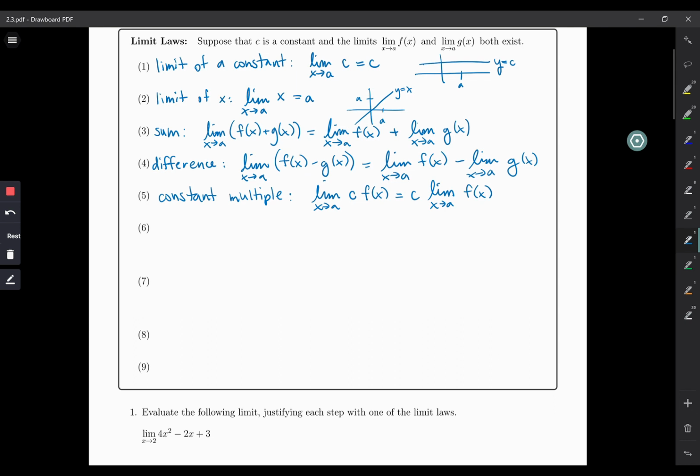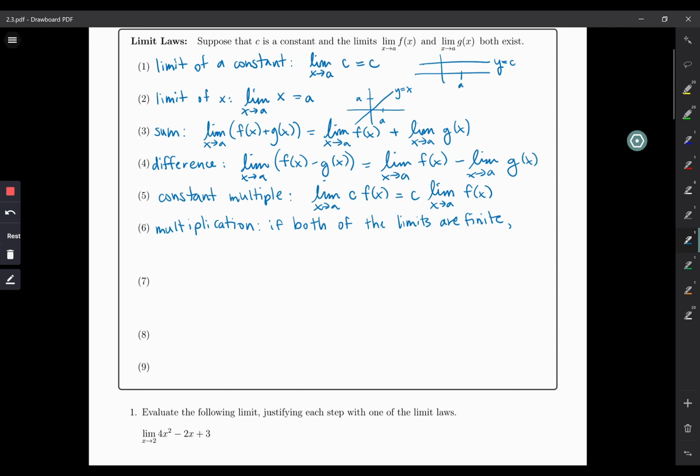Okay, if you have multiplication, if you have two functions being multiplied together, here we do need to make sure that this is true if both of the limits are finite. There is a particular situation in which we can't do this. This is broader than the exact situation, but we'll talk about it later.